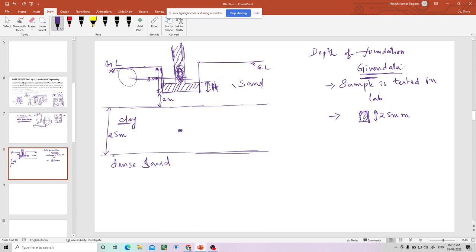Okay, it is nothing but a point compared to the 25 meter. From that point, they have taken some sample, then that is tested in the odometer test under double drainage condition.